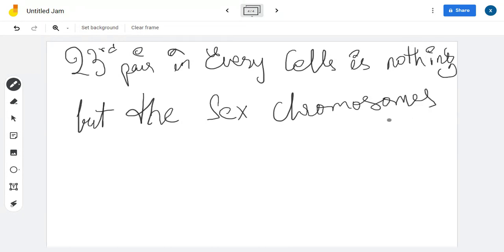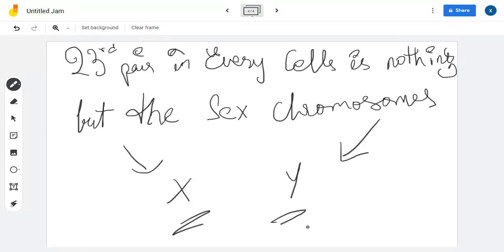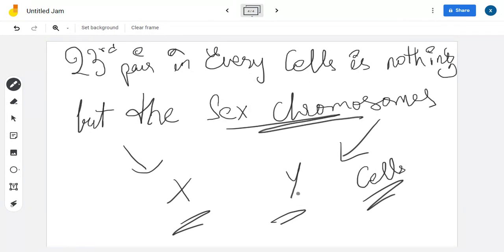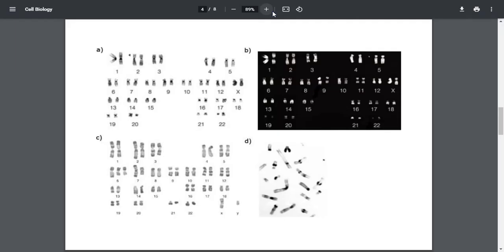I think you know what are sex chromosomes, which are X and Y. These two are the types of sex chromosomes which are found in cells. So the 23rd pair in every cell is nothing but the sex chromosomes. This is important for us to learn. So that is karyotype. I hope all of you have understood till here.